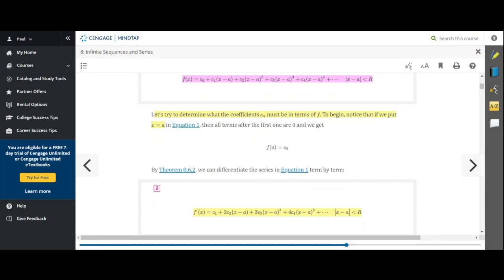If we want all the terms to cancel on the right side, except for C1, looking at equation 2 there, f prime of x, if we want all the terms to drop out, to become 0, except for C1, what would we let x equal? What value?